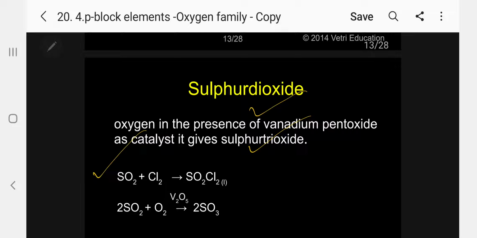So here chlorine reacts with sulfur dioxide to produce SO2Cl2. Again, sulfur dioxide reacts with oxygen in the presence of catalyst vanadium pentoxide to produce sulfur trioxide. Kindly follow.